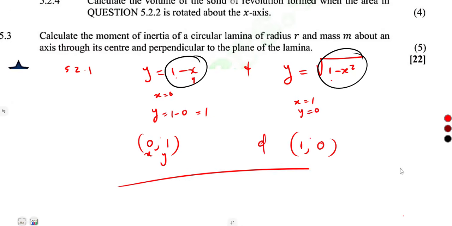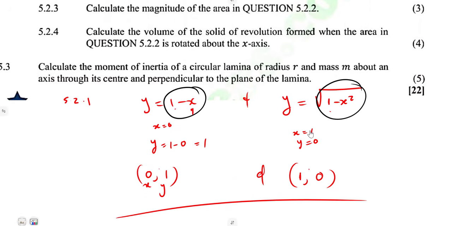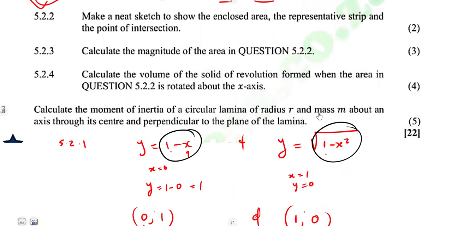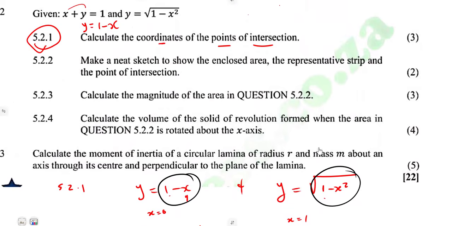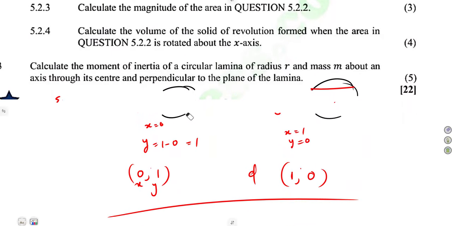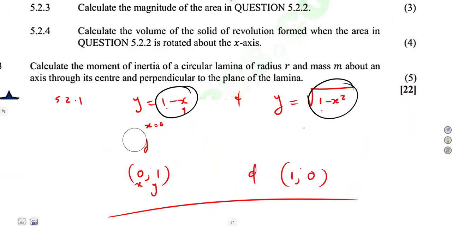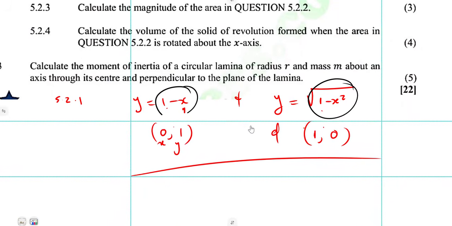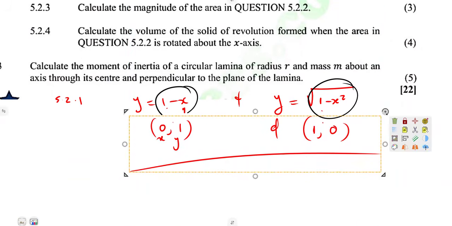So these are the 2 points that you're going to have as our points of intersection. All right. That's the idea there. Points of what? Intersection. All right. No problem. Let me just do it this way. So we have our points of intersection on 5.1.